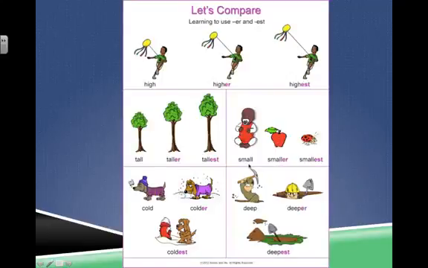We're comparing two things. Then here we're comparing three things. The ladybug is the smallest out of the three. Here's a dog. It's cold, it's colder, and it's coldest. You get the idea, don't you? Finally, deep, deeper, and deepest.